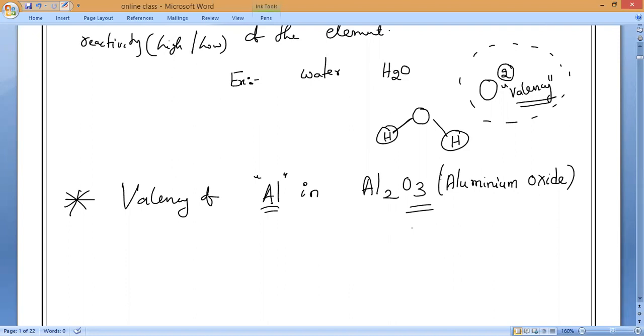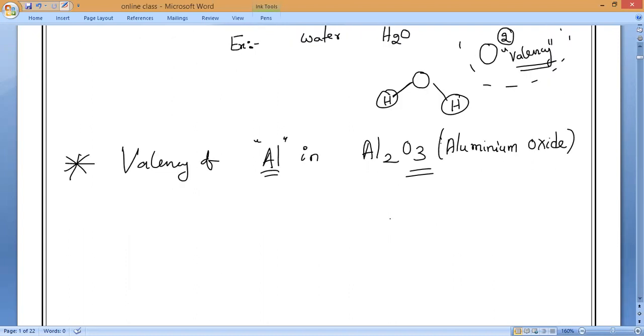3, sir. Yes, 3. How are you saying 3? In this molecule, if I consider one molecule of aluminum oxide, you can notice it.